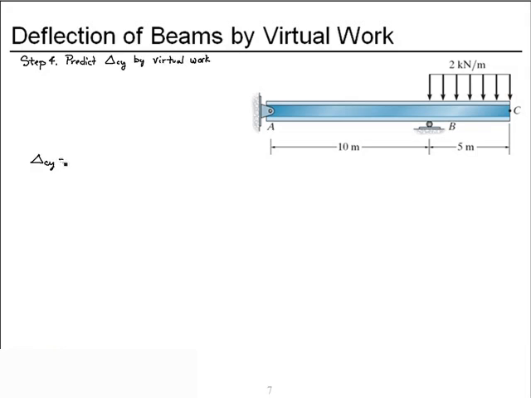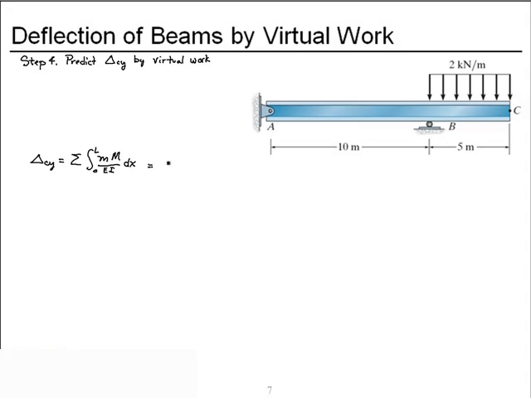That deflection is given as a summation of the integral for each piece, the moment due to the virtual load times the moment due to the real load over EI, integrated over the length of the piece.